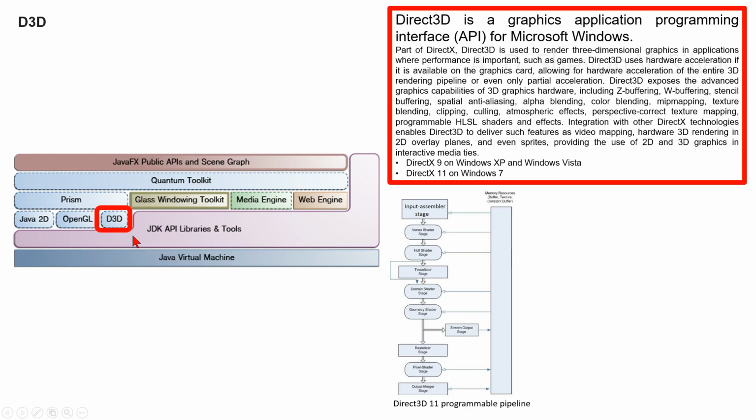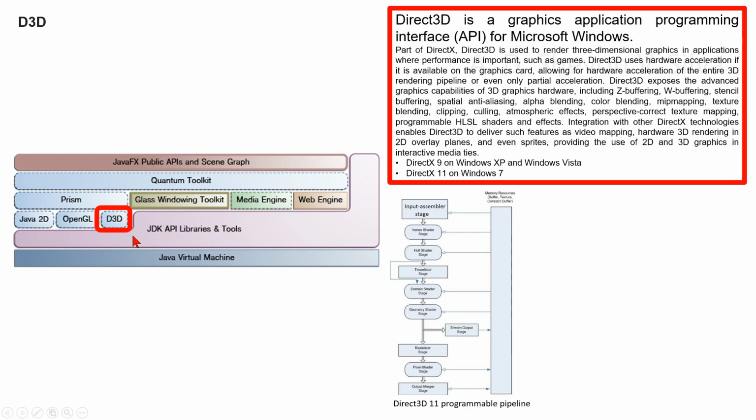Now we are focusing on D3D. Direct3D is a graphics application programming interface, API, for Microsoft Windows. Part of DirectX, Direct3D is used to render three-dimensional graphics in applications where performance is important, such as games.